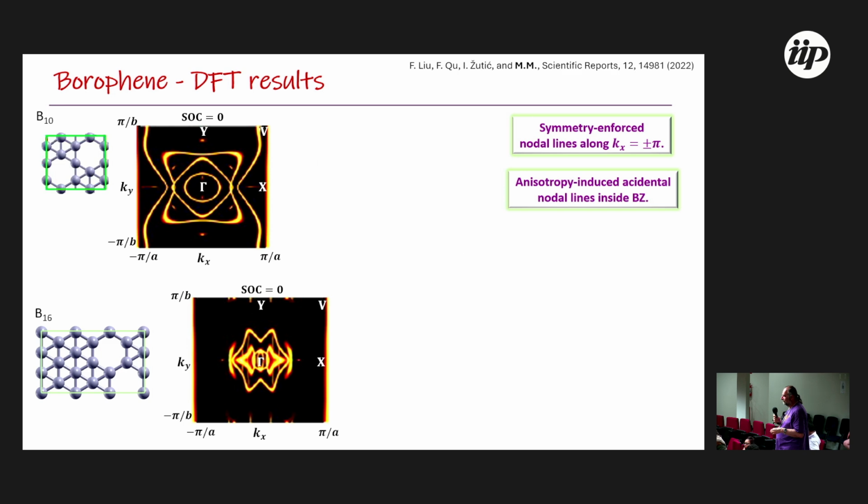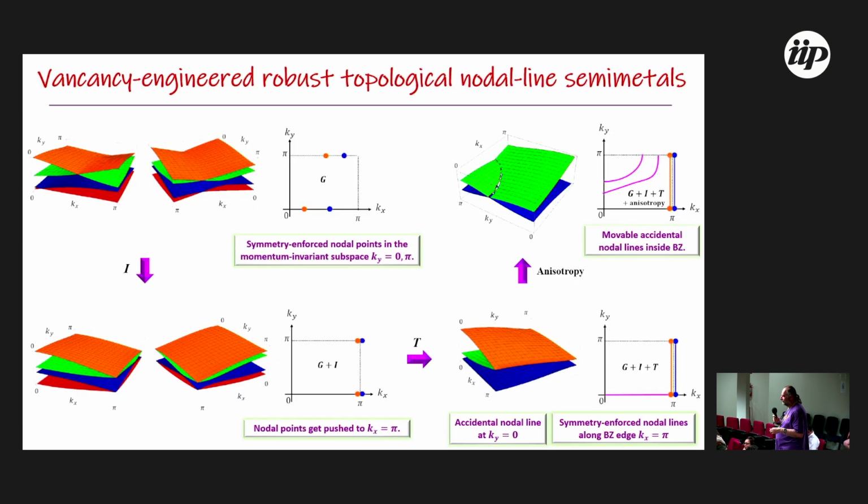well, let's go back a little bit. It's true that inversion symmetry pushes these points, which are actually generated by the glide symmetry. So these are the two points which are enforced by glide symmetry, and the job of inversion symmetry is to push these two points to kx equals pi here.